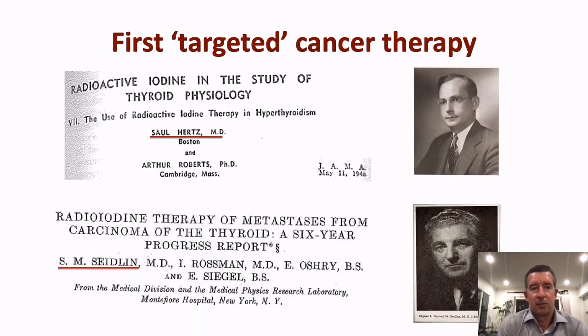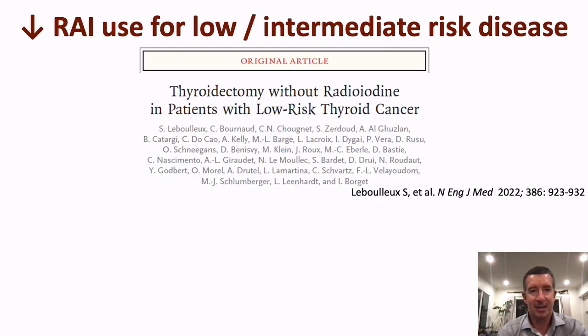So, as many of you would know, radioactive iodine was actually the first targeted cancer therapy, as developed by Saul Hertz and Sam Seidlin back in the early 1940s, and has been the foundation for nuclear medicine as we practice it today.